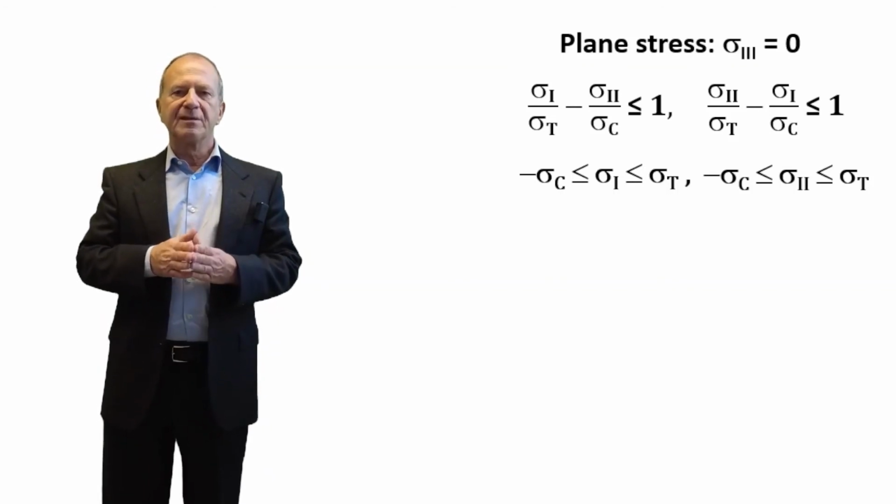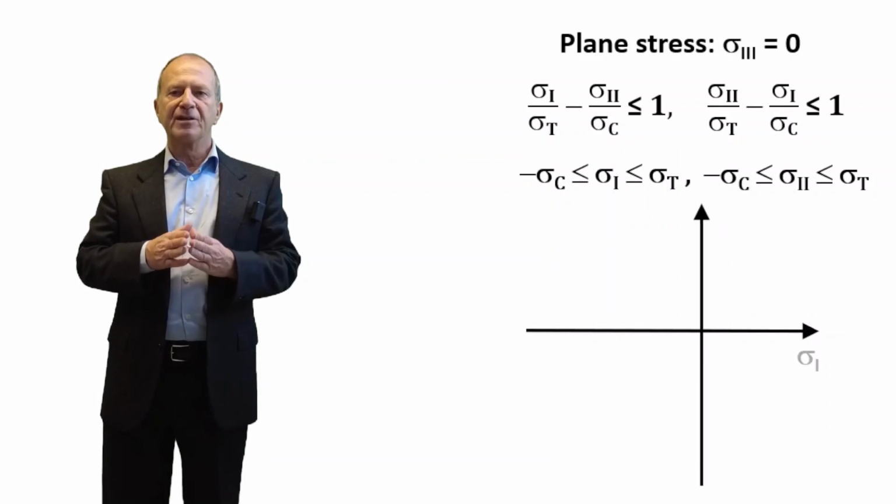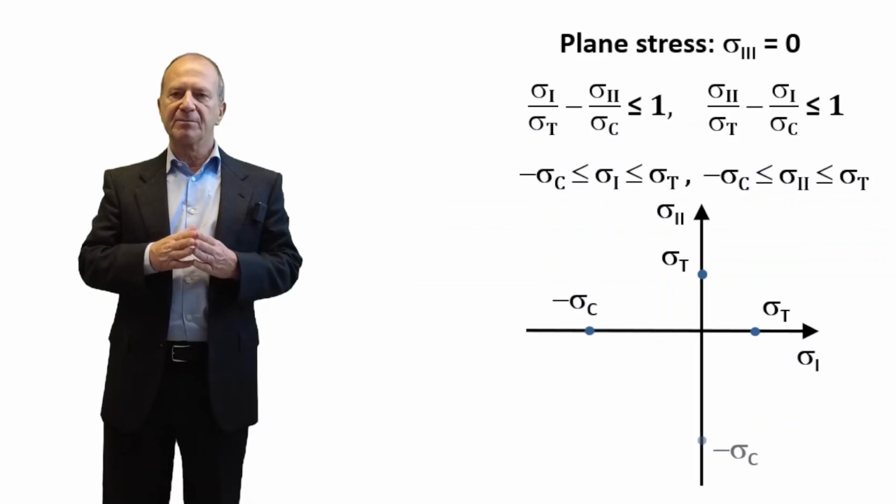These inequalities define a domain in the shape of an irregular hexagon in the plane of the two principal stresses sigma 1 and sigma 2.